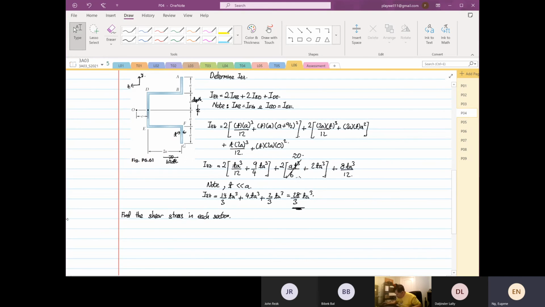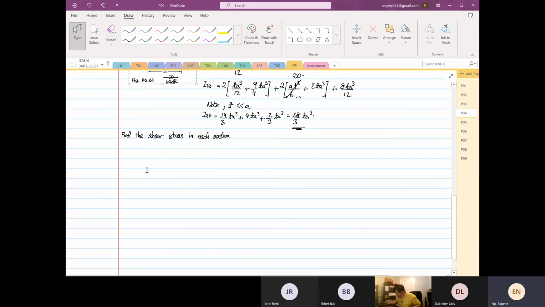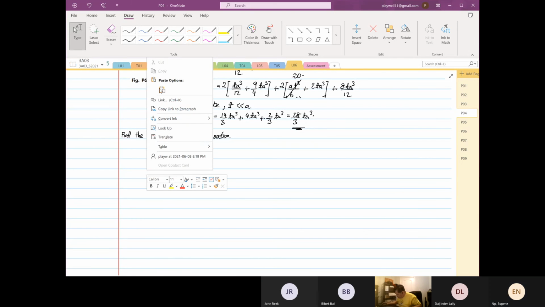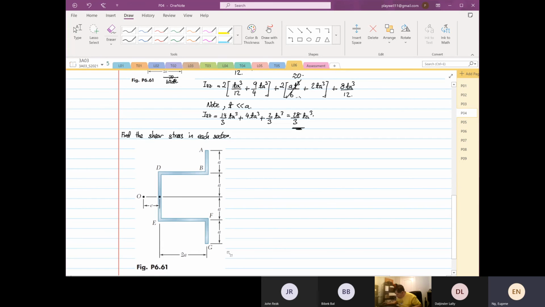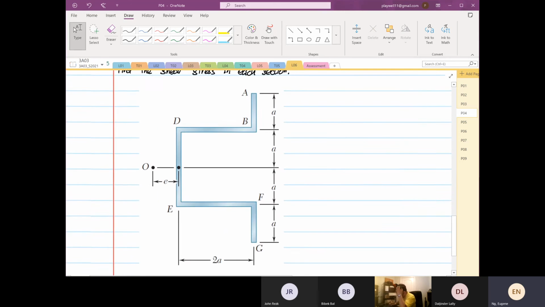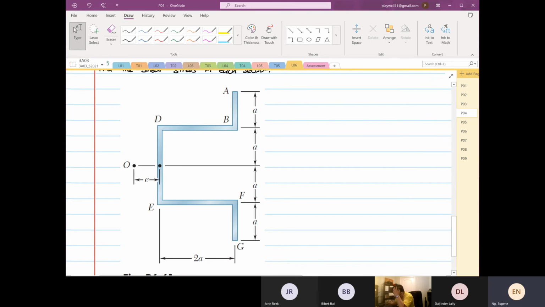Okay, I'm going to copy this again so you can see. So this is where we construct our shear flow. You guys have done this before, especially last week. We know the web controls the shear flow direction. So these are all your Q, right?